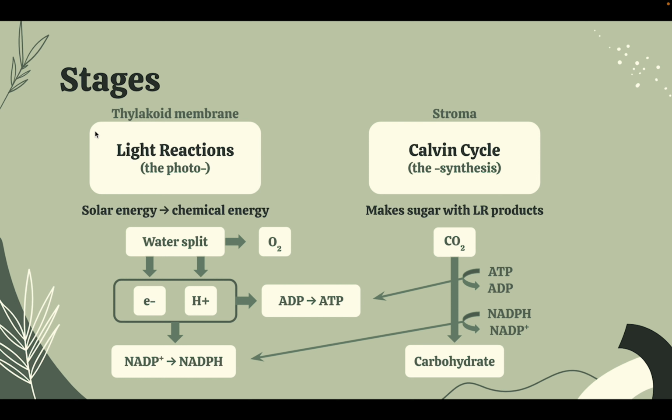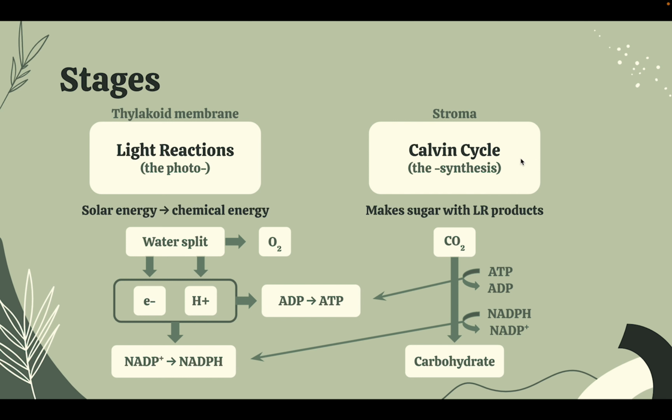What we do is we split water, and that releases the O2 we talked about earlier, and also creates some protons, H plus ions, and some electrons. We use these to turn ADP into ATP and NADP plus into NADPH. So essentially we're making NADPH and ATP, which are sources of energy.